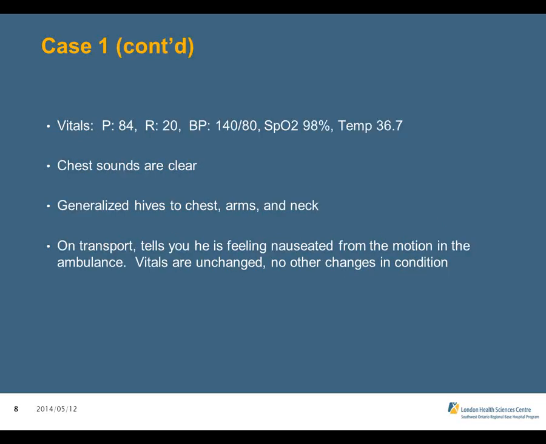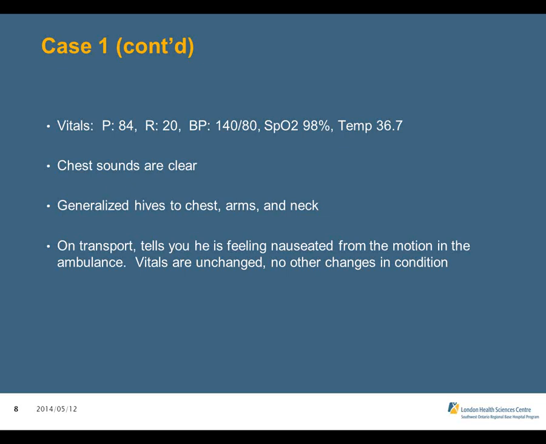So upon arrival, you do your first set of vitals. You see that his heart rate's 84, respiratory rate 20, blood pressure is slightly hypertensive, 140 on 80. He's satting 98% with a temperature of 36.7. Note from your general assessment, he looks okay. You do notice some hives to the chest, the arms, a little bit on the neck. He's got some watery eyes.